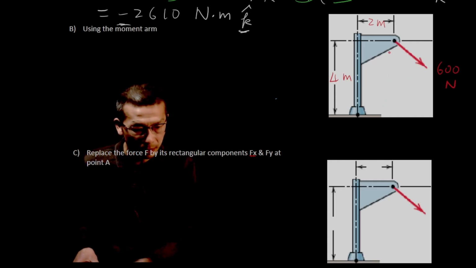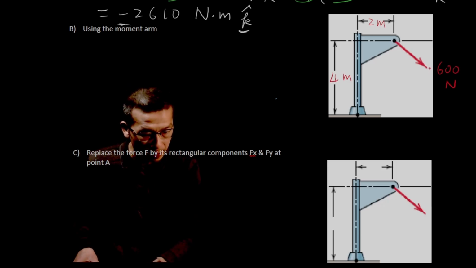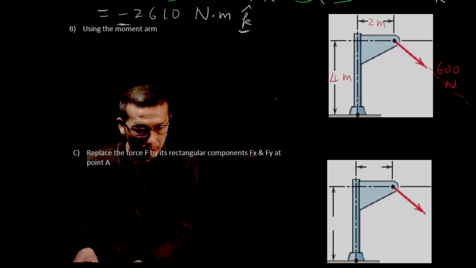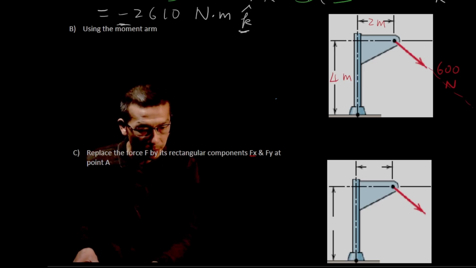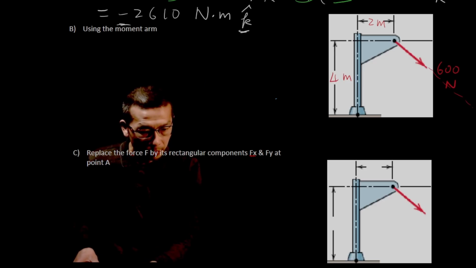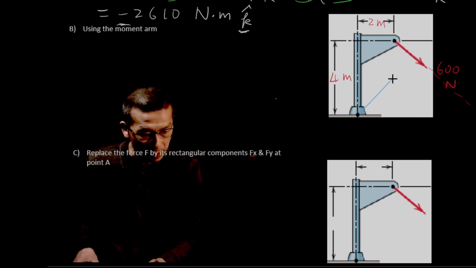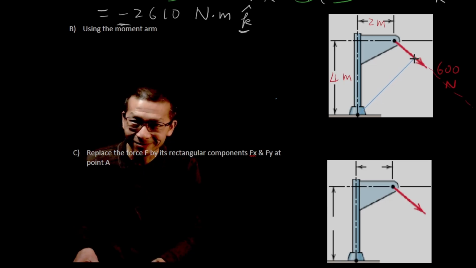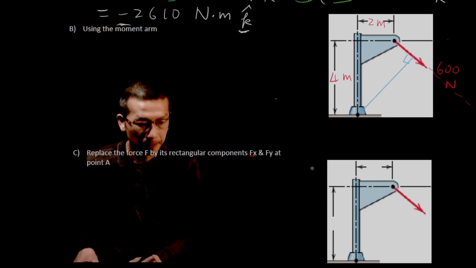Actually, let's draw the line of action first. This is the line of action, and the moment arm should be perpendicular. Now you can tell me if this is perpendicular enough. Okay, maybe let's say it is. So this is 90 degrees.